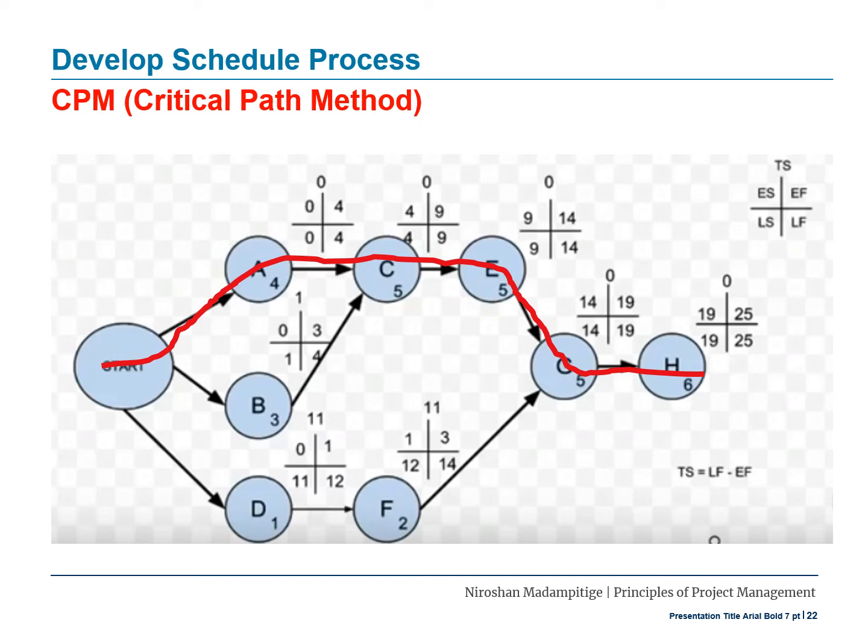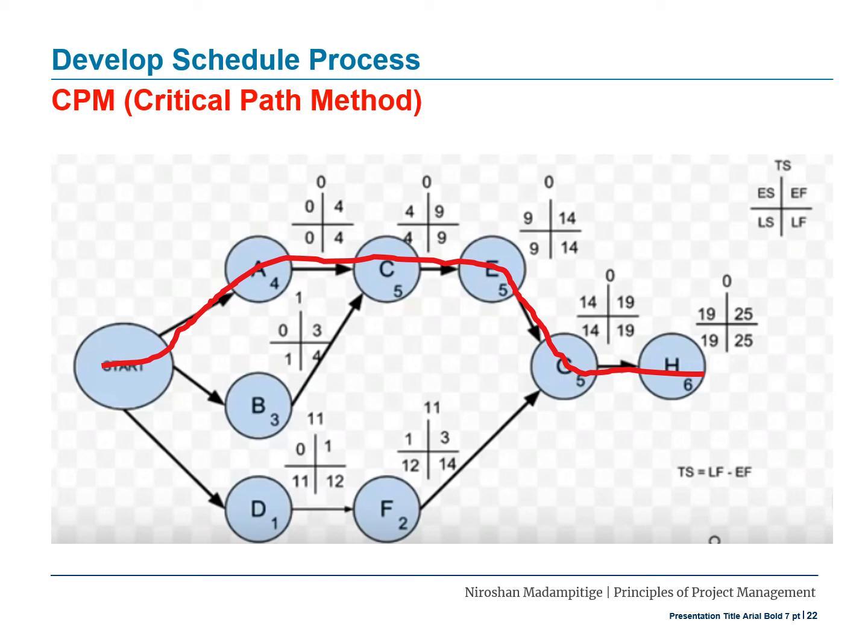That means you can't further delay it to any amount of time. There's no possibility for you to delay critical activities. So when you link up all the activities that have zero total slack, that will create the critical path.